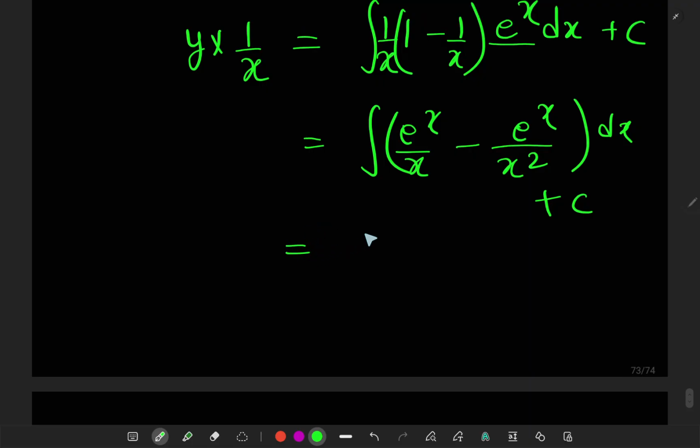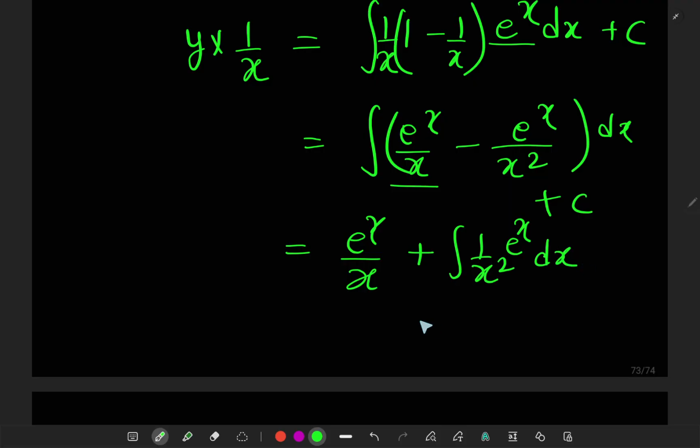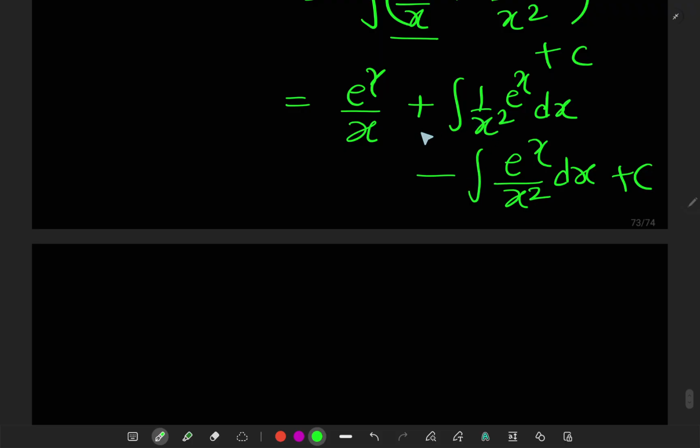Now integrate this term, we get this term. Now these both terms are the same, so we cancel them.